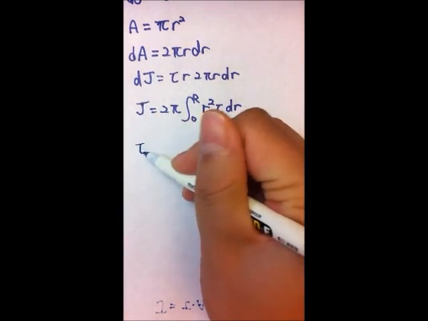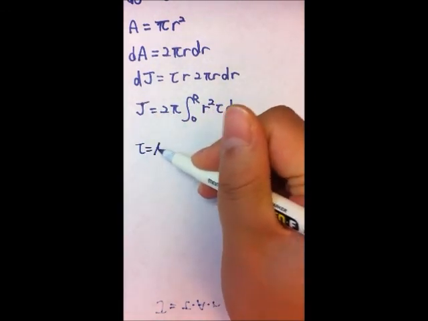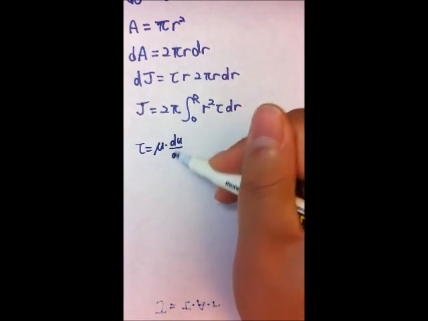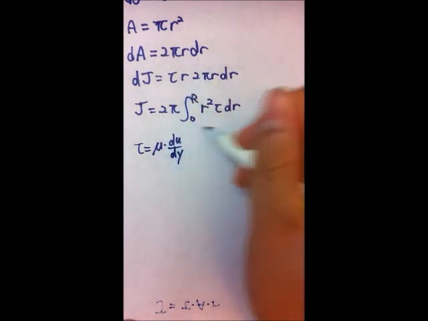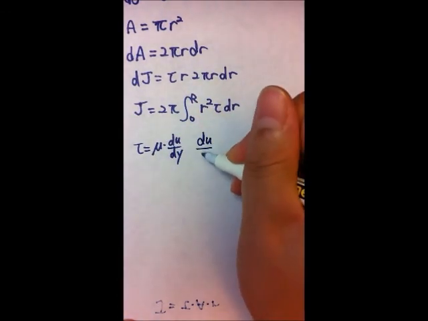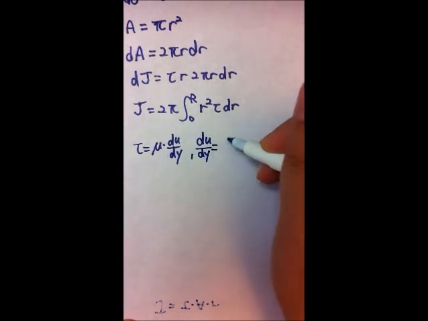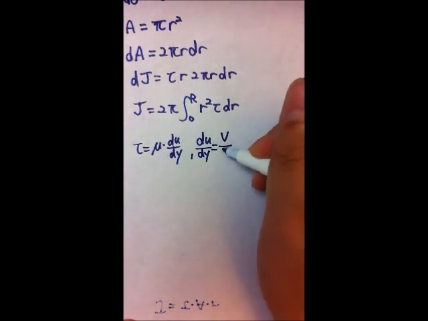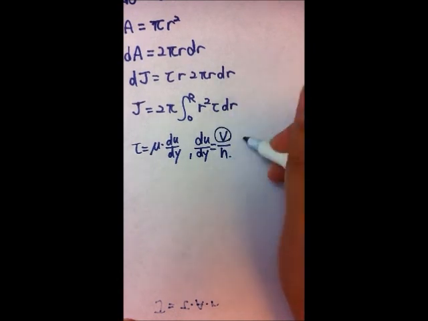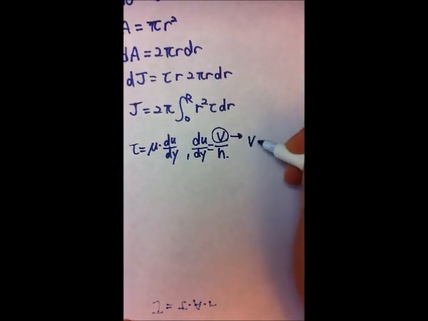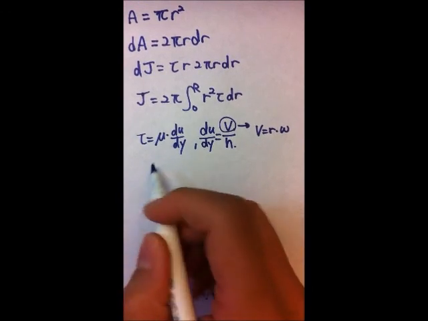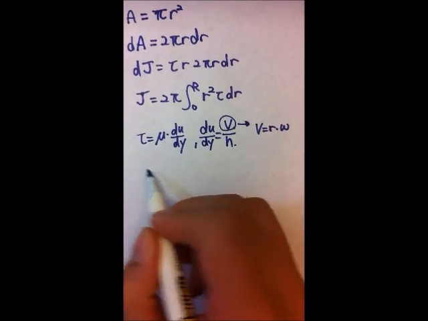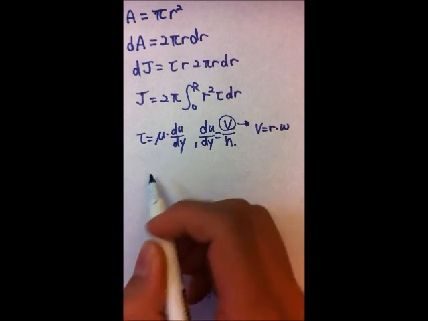Next, we know tau is equal to mu times du/dy, and mu is the viscosity of glycerin, and du/dy is V over h, and this V is radius times omega. And here's the fluid velocity profile, and you are all familiar with this.